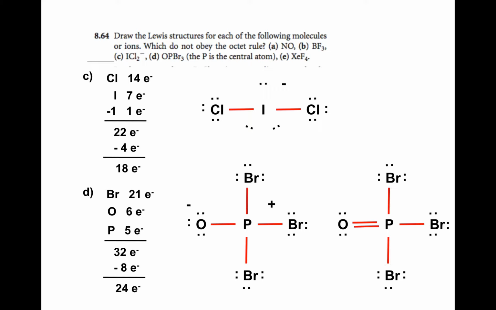So to minimize formal charge, we put a double bond between the phosphorus and the oxygen. We now have 10 electrons around the central phosphorus, and we're breaking the octet rule here. So frankly, this is the more stable structure. It doesn't have formal charge in it. So again, you're breaking the octet rule around the phosphorus. This would be a tough one.